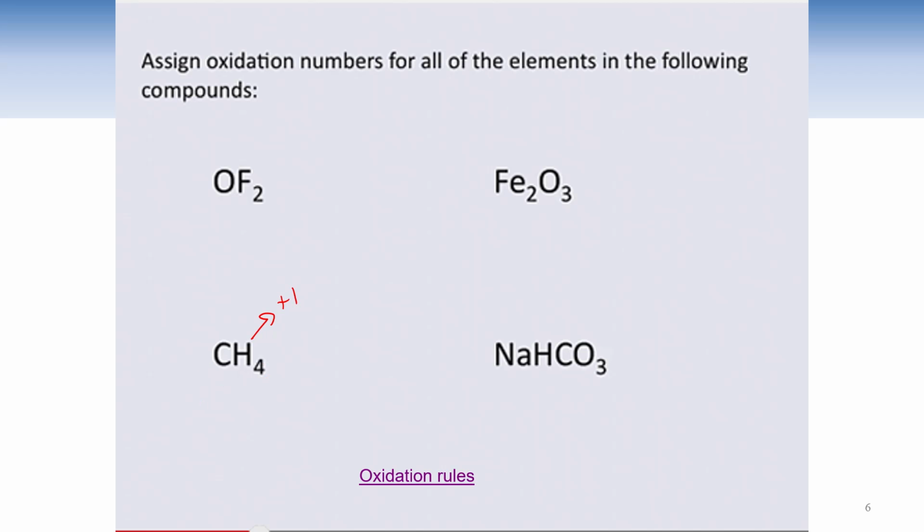And the whole compound has to equal 0. So we have 1 carbon, and I'm going to put an X for carbon, plus we have 4 hydrogen, and hydrogen was already determined to be +1, and we set that equal to 0. So we have X plus 4 equals 0. So X has to equal -4.